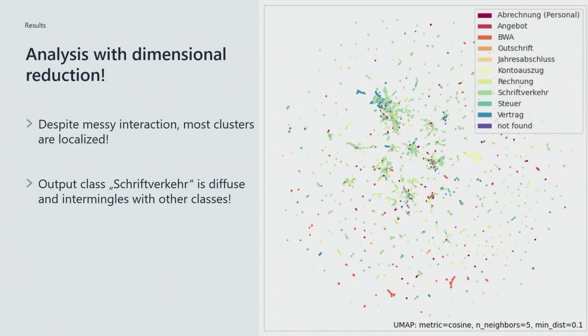And at first, despair hits us and so on, but then we start looking at the UMAP more precisely, and we realize something. Even though the Schriftverkehr makes the clusters really hard to directly pick up, you see something like this. Here the contract documents, for example, they go together. And here the invoice documents, they also go together. So there is some closeness there, there is some signal there.